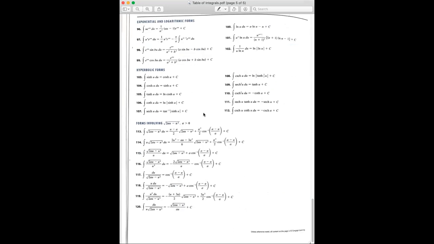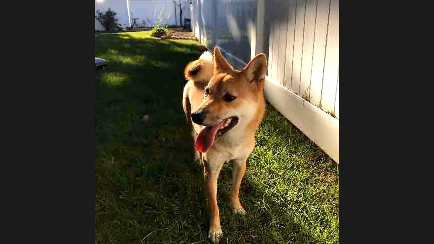So let me show you some examples for this table of integrals. Now, example 1: if I want to find the integral of e to the negative 2x times cosine pi x dx.